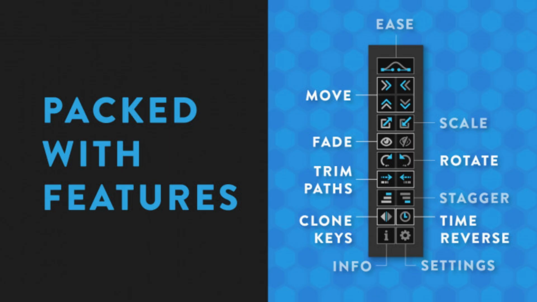The second one does the same but from the right, the third one does the same but from the bottom, and the last one under the move section does the same but from the top. So we're going to use that to animate this logo, and we're going to see how it works.